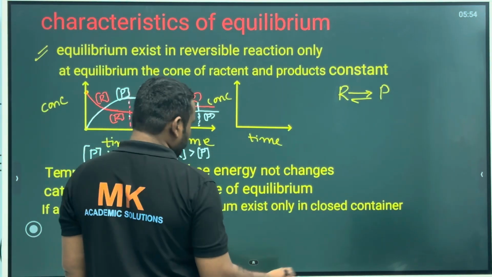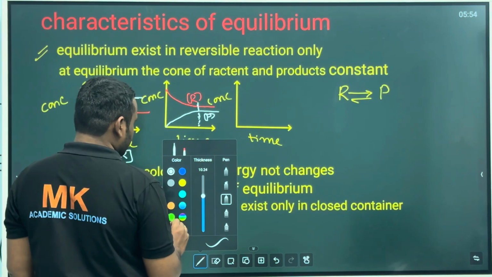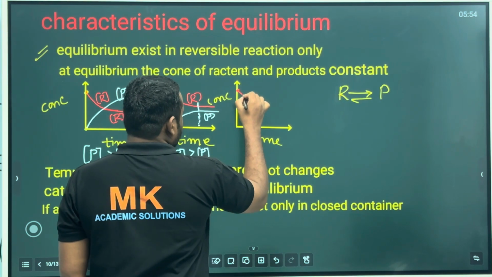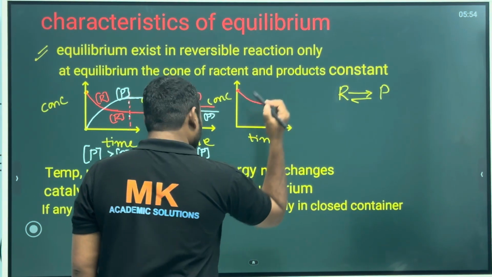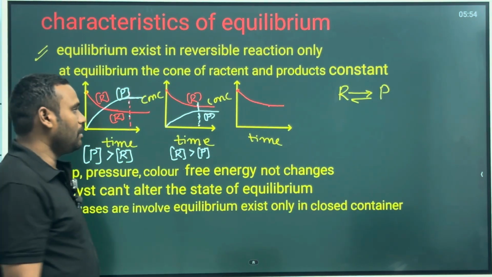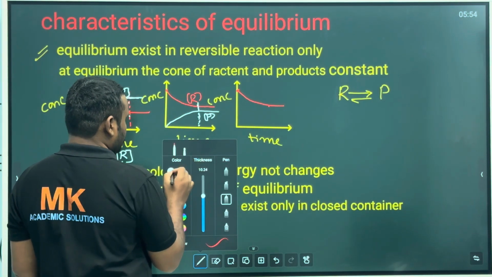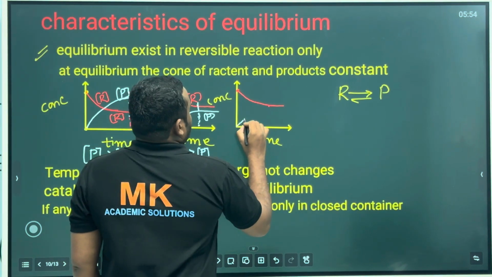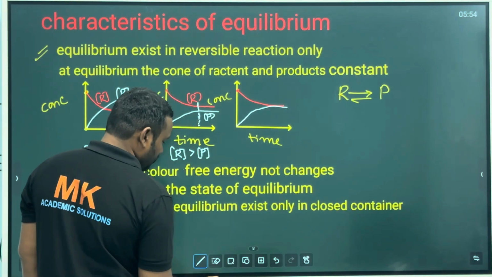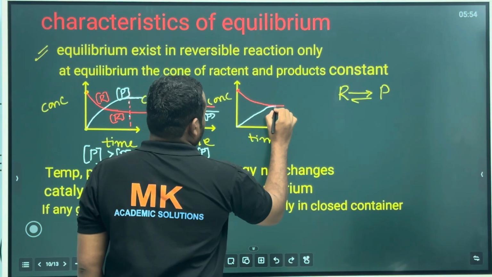And next, one more possibility. This is the concentration of reactant. As time proceeds the concentration of reactant decreases, and at a particular time it becomes constant, meaning there is no change in the concentration of reactant. And this is the concentration of product. As time proceeds the concentration of product increases.